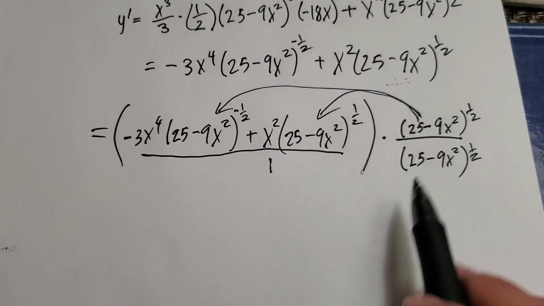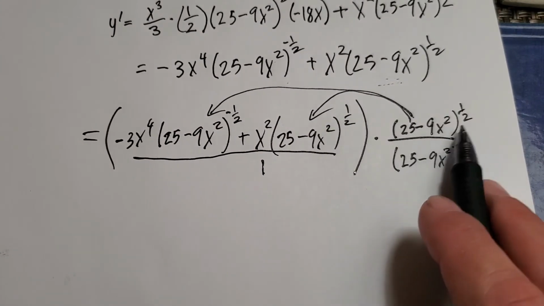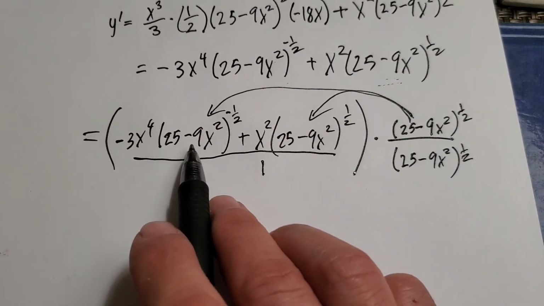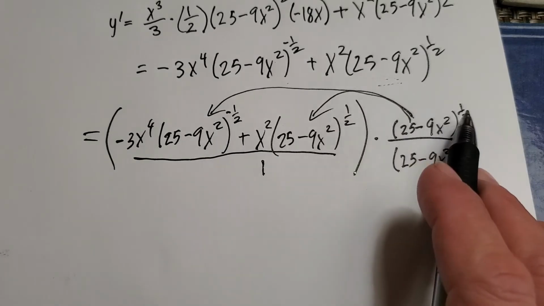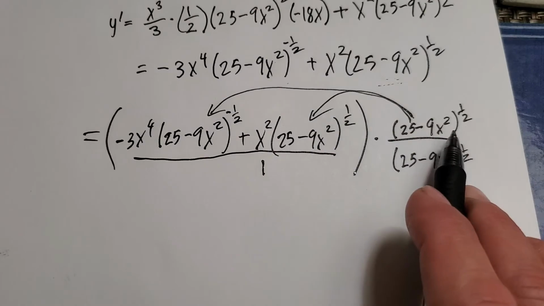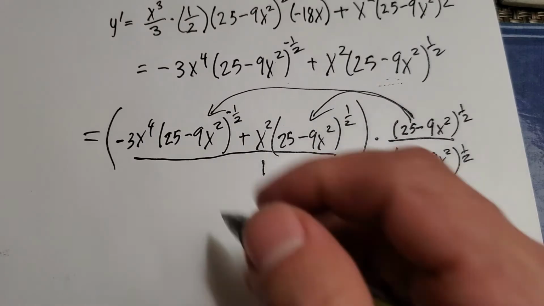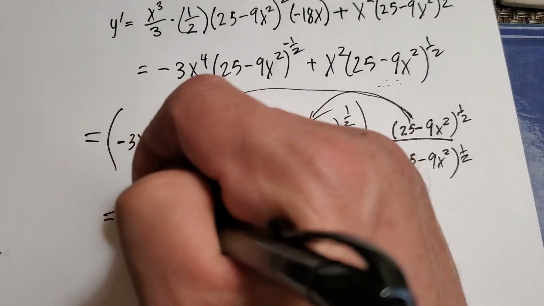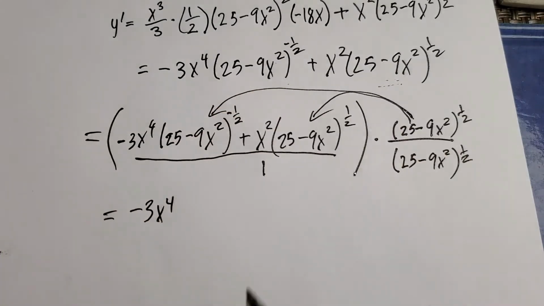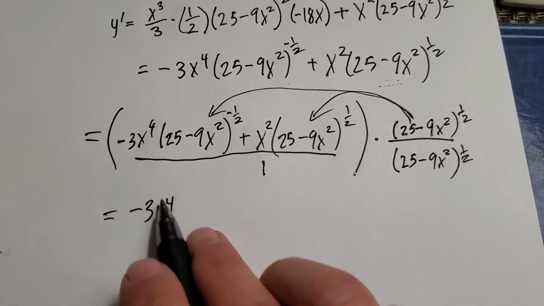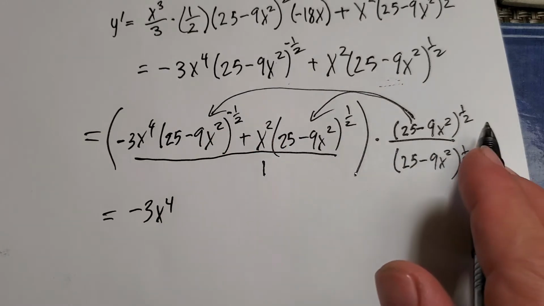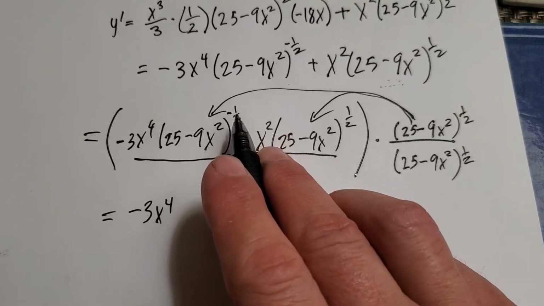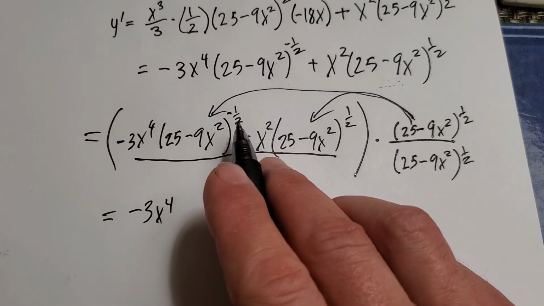What happens when I multiply 25 minus 9x squared to the 1/2 times 25 minus 9x squared to the minus 1/2? We add the exponents. Negative 1/2 plus 1/2 is 0. So I get negative 3x to the 4th times this whole thing to the 0, because we add the exponents when we multiply powers.